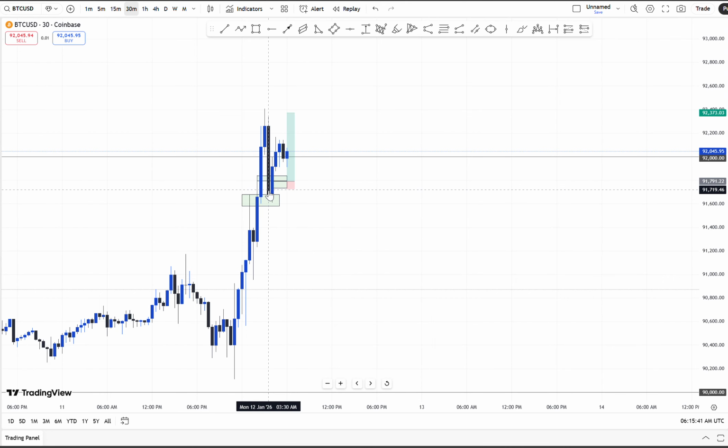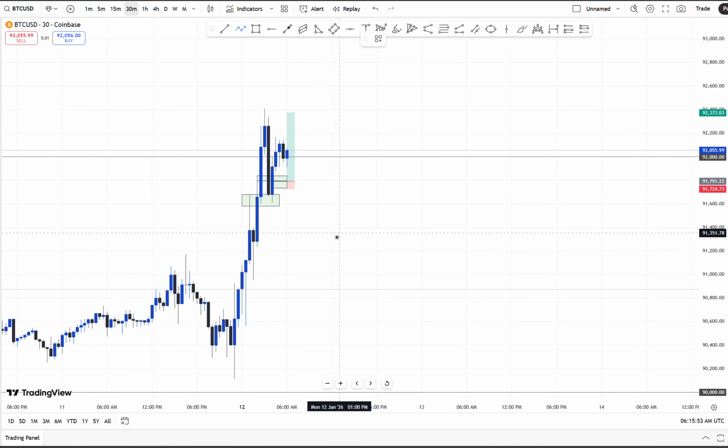You can see this candle is very big as compared to the rest. But let me draw what's happening around this region. This is on the chart. This is what's happening.